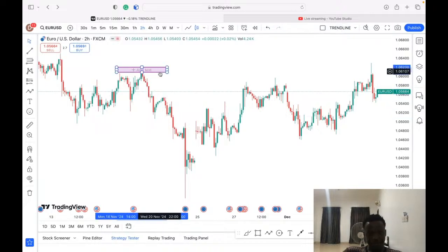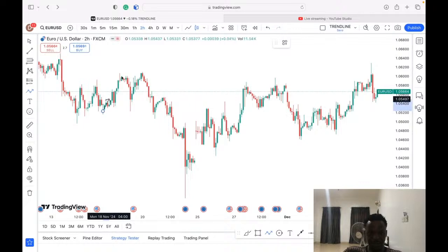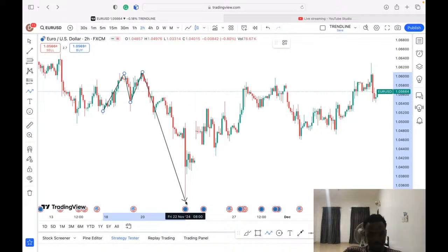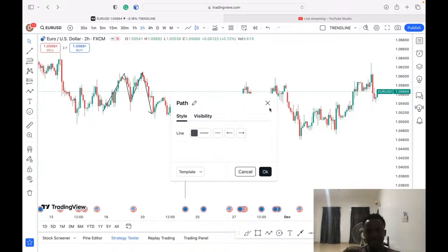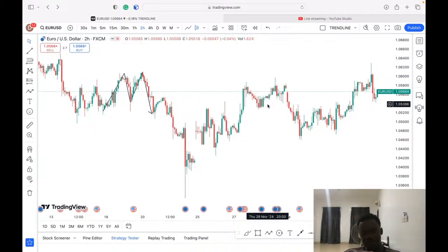The first leg moves from here, gets to this point, and this point, and boom, you can see that for yourself. Remember, we said the double top is usually seen at the resistance top, always at the top side.